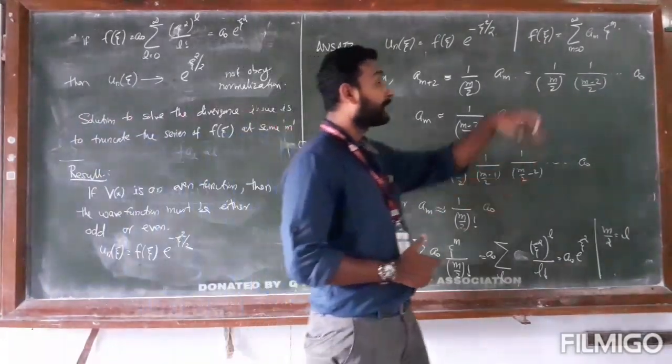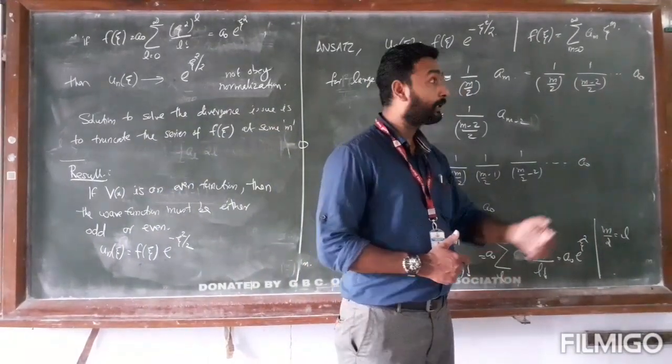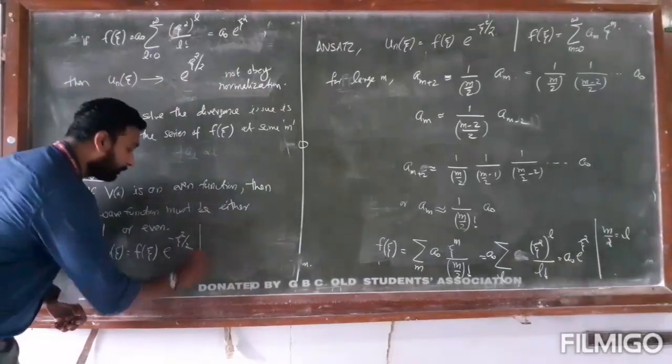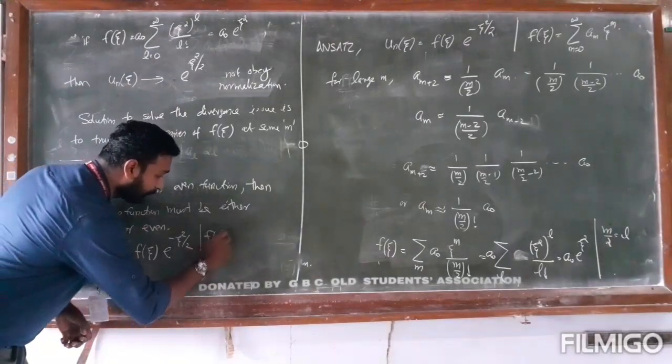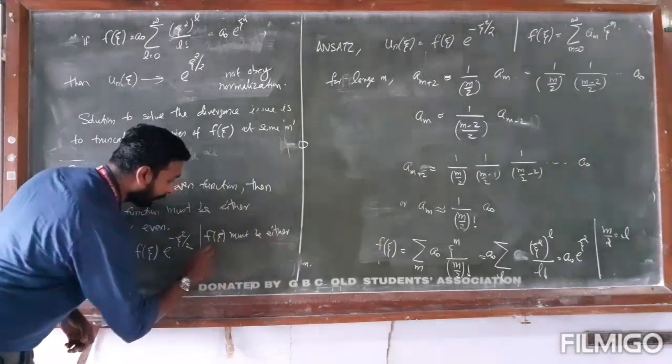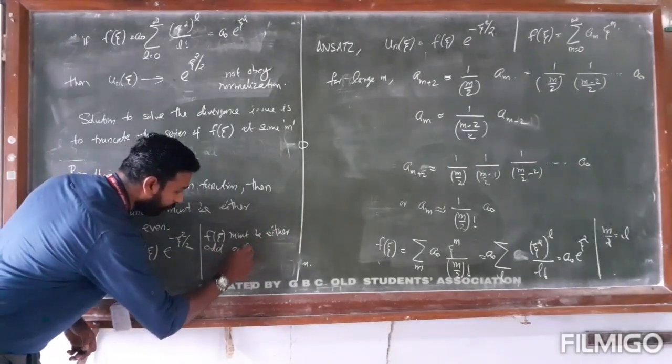Similarly, if f of theta is an even function, it cannot have odd powers. So this implies that f of theta must be either odd or even.